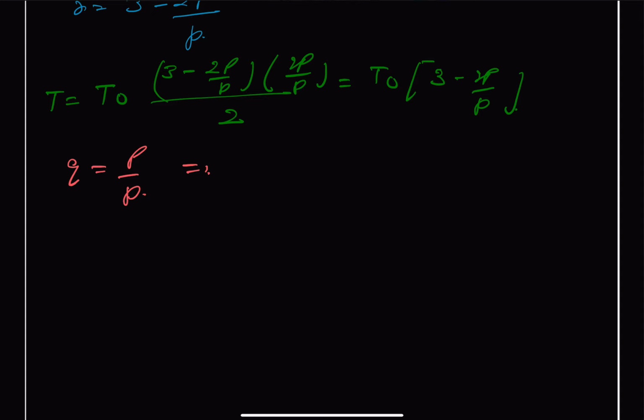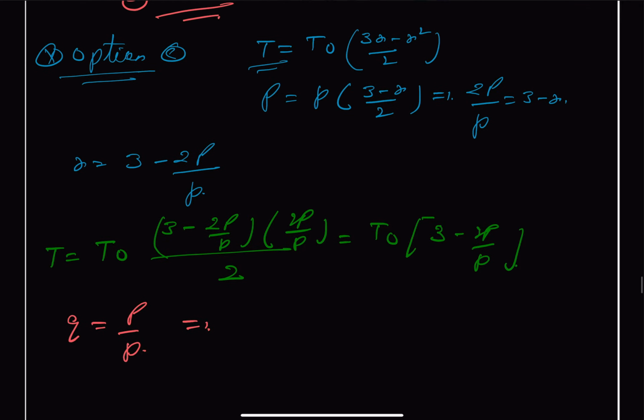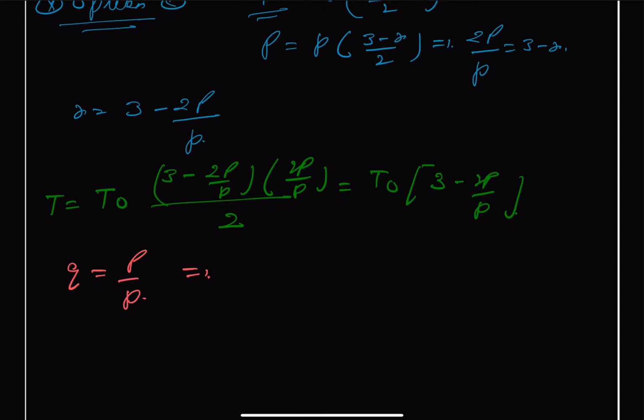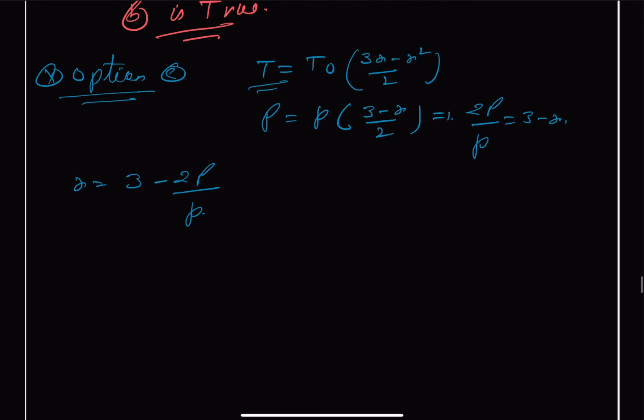I think I missed something here. 3, we can take x common, so this comes as 3 minus x into x. Sorry, let me correct this. It doesn't look good actually.